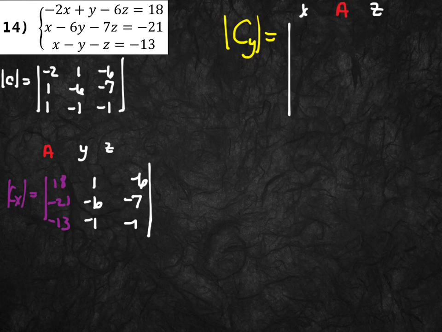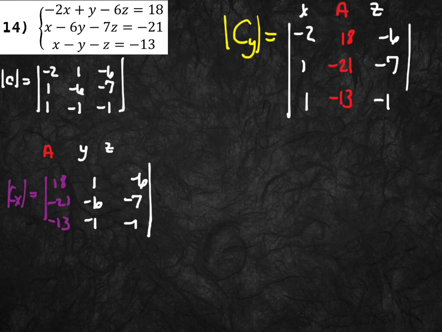So my x column was negative 2, 1, 1. The answers were 18, negative 21, negative 13. And then the z's, negative 6, negative 7, negative 1.